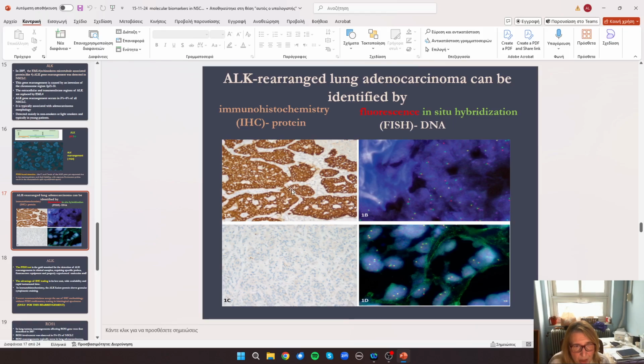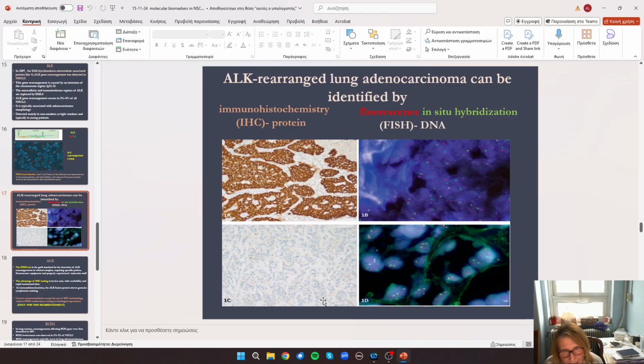By immunohistochemistry, we can detect the new chimeric fusion protein, ALK. Figure A and Figure B correspond to a patient that has ALK rearrangement, where the two colors are separated, and this event leads to overexpression of the corresponding protein. And this patient is going to receive the specific target therapy.